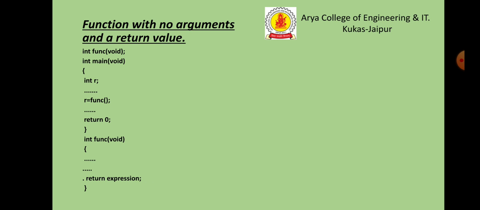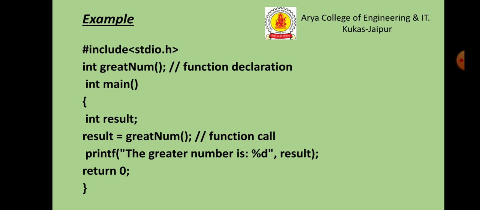This concept we learn through an example. Here is an example to find the greatest number. Again we declare a function. It has a return type int. result is equal to greatNum. In main we call the function. The result gets the value from the function greatNum.